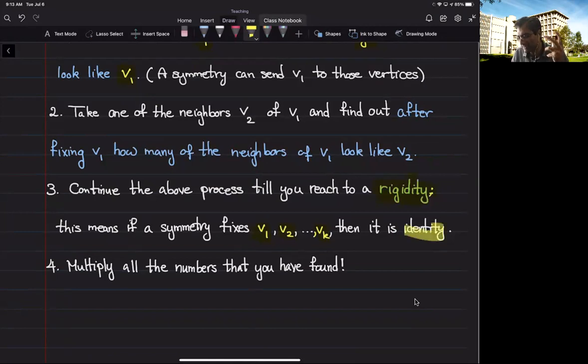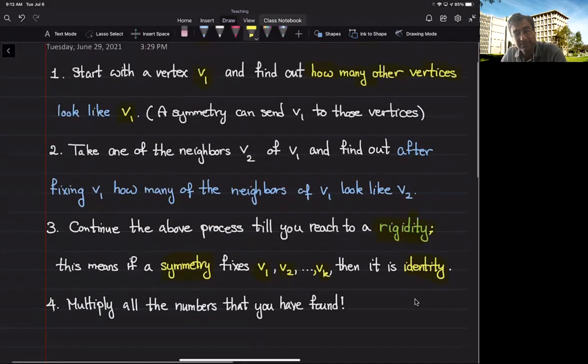I should get the identity. I cannot move it at all. So if a symmetry fixes v1 through vk, then it is the identity. So when we reach that stage, we simply multiply all the possibilities that we had so far. And that would be the number of elements of the symmetries of this graph.